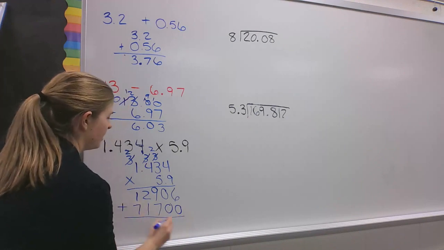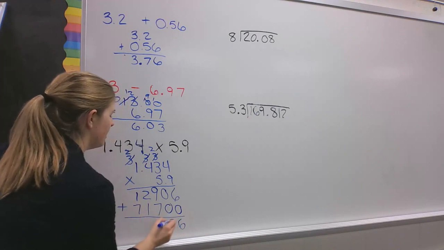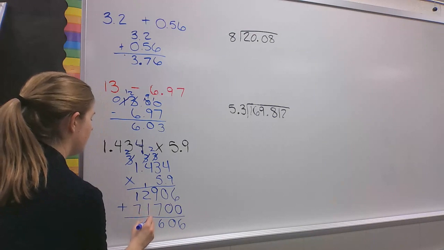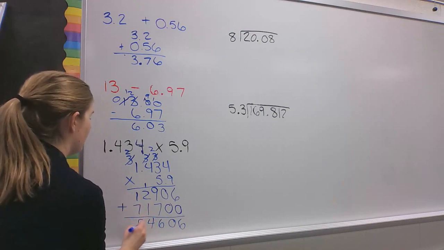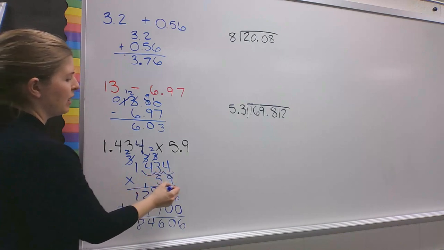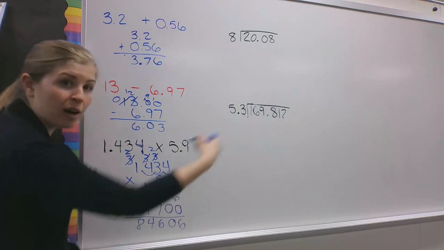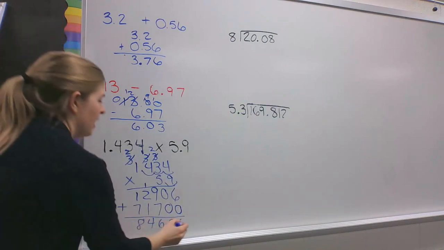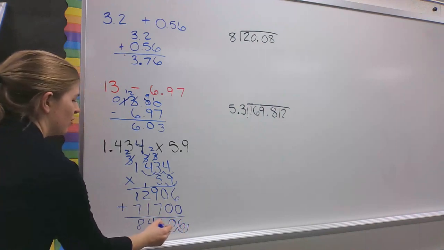So we'll add this up, 6, 0, 16, 4, 8, and then we count how many numbers are behind the decimal place to know from right to left how many spaces we're going to move our decimal in.